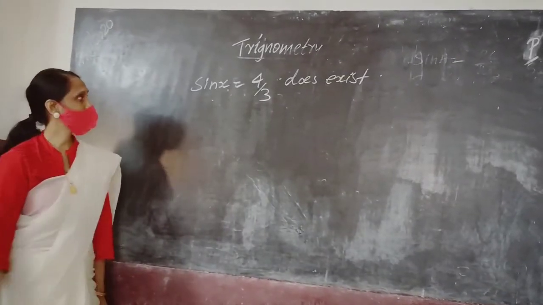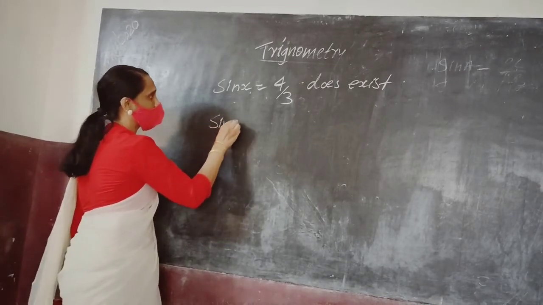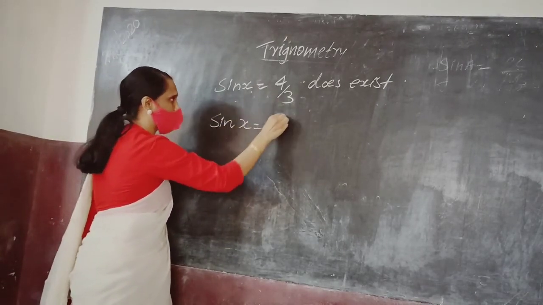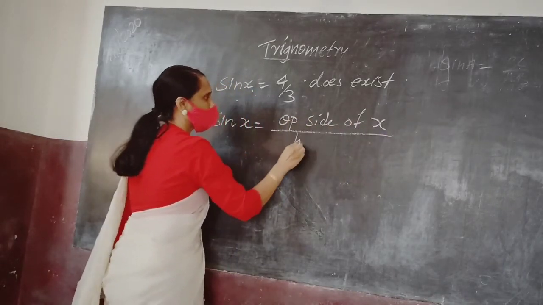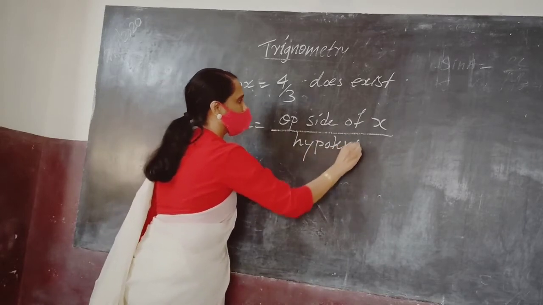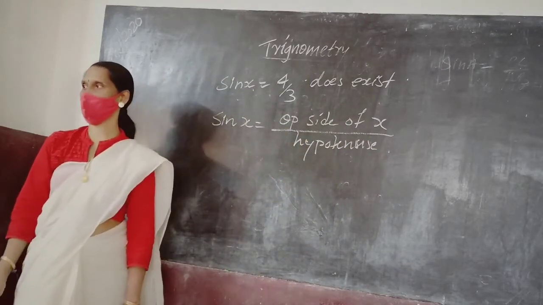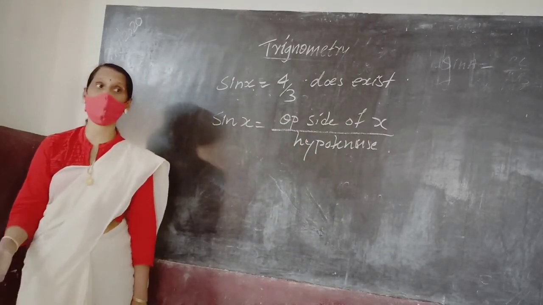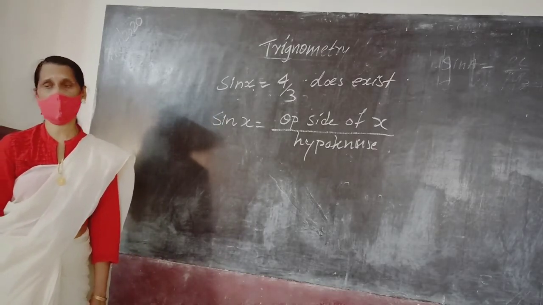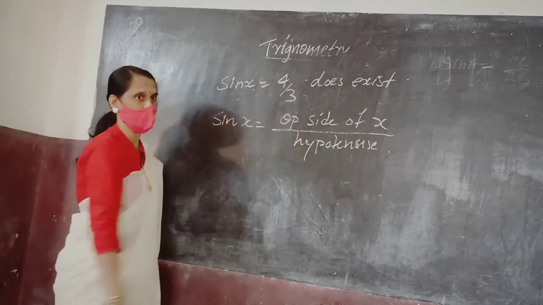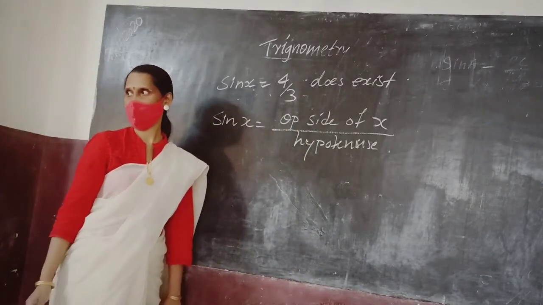Sit down. See, we know that sin x means it should be the opposite side of x by hypotenuse. I already told you before the discussion itself that hypotenuse is always the larger side. Here the ratio is 4 by 3, which means hypotenuse is the smaller number. Is it possible?